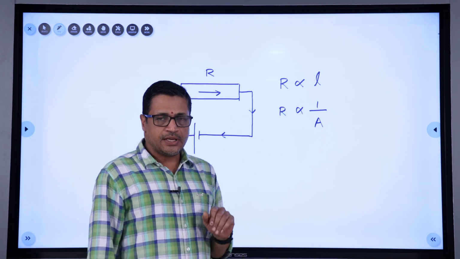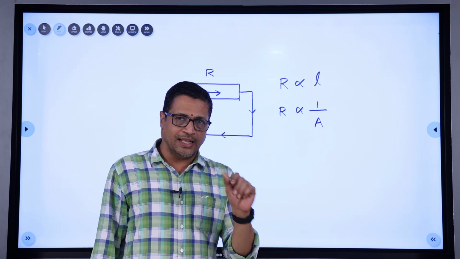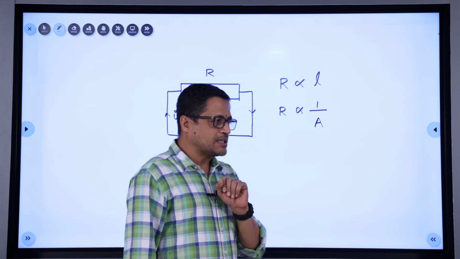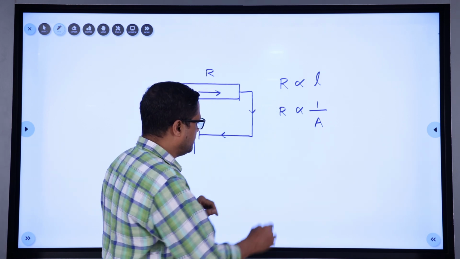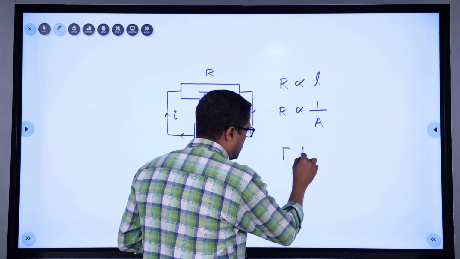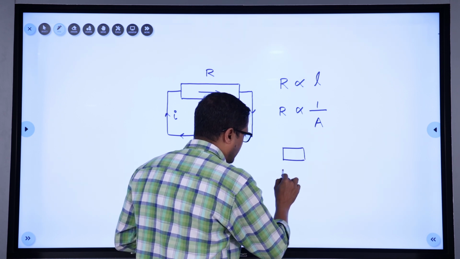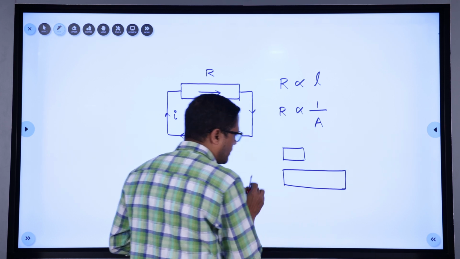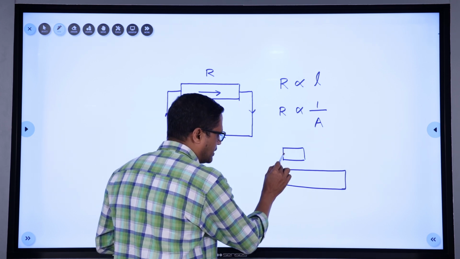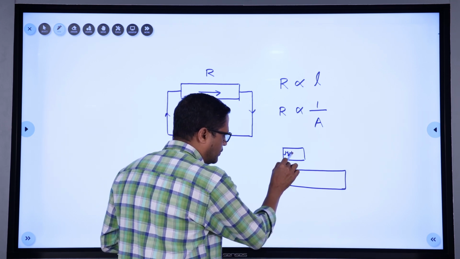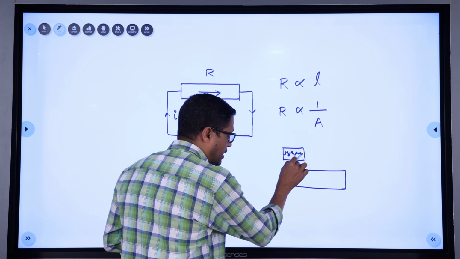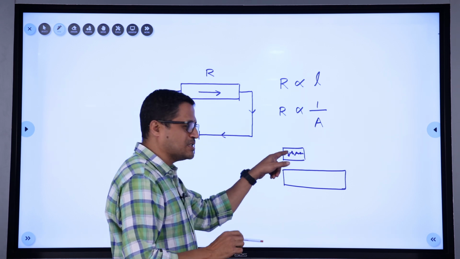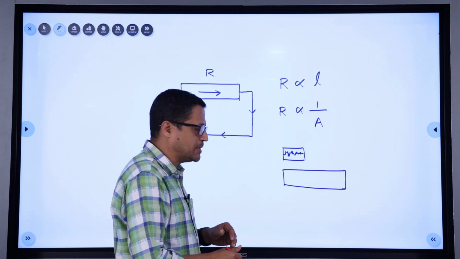Coming to this one, resistance being directly proportional to length. Many students have a misconception here that if there is a conductor of small length like this, when compared to a conductor of a larger length like this, then the charged particles will have to move like this. They don't move in a straight line and they reach here. You know that this is because of numerous collisions that take place.